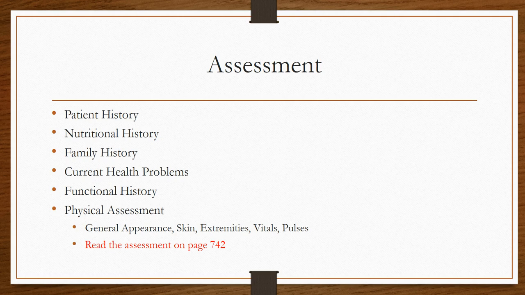This is actually a pretty good box to know, and the more information you take from it, the more you can teach your patient about taking nitro, because a lot of these patients who take it for angina won't be in the hospital, and they'll carry it in their pocket, and they'll know when things aren't going well or when they need something to relieve the symptoms of angina. So definitely check that out.